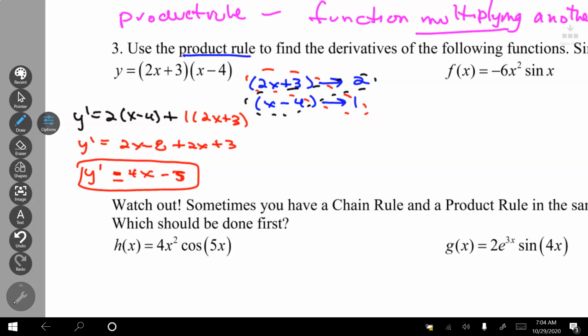Now, what I could have done instead, I could have taken this problem, unfolded it out, and that would have been y equals 2x squared minus 8 plus 3 is minus 5x minus 12, and oh, look at that. I could use my power rule and I got the same derivative. But I want you to practice product rule.